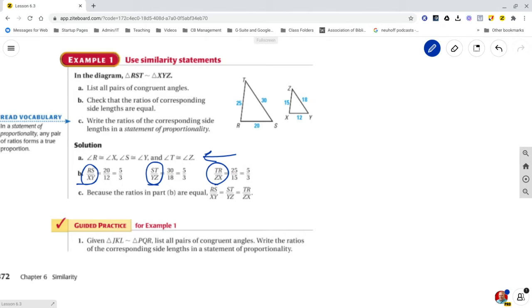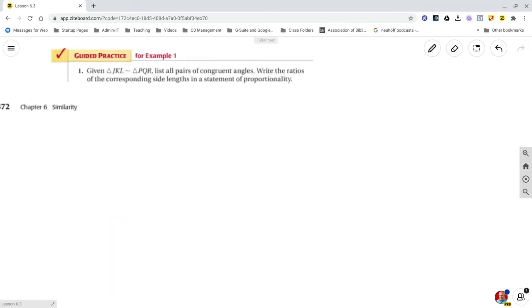To ensure that these are indeed similar, we look at the ratio of each of the three sides together, and we see that they are all equal. Since we know that all three of the ratios are equal, we have proven that the two triangles are similar. And then again, if we were to look at the angles of that triangle, we would know that the angles would be equal as well.